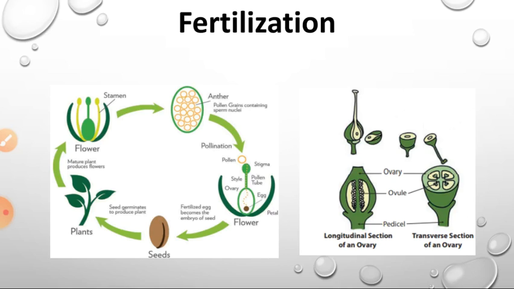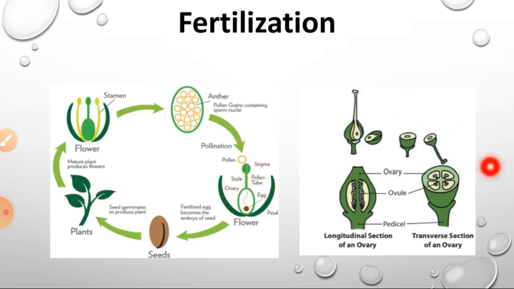Then after the fertilization process, the ovary becomes the fruit and the ovule becomes the seed. So from the seed we can get the new plant. This process is known as seed germination. So this is the fertilization process.